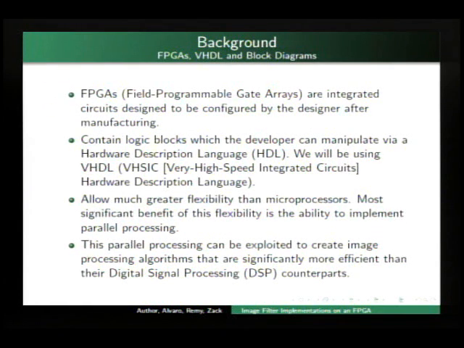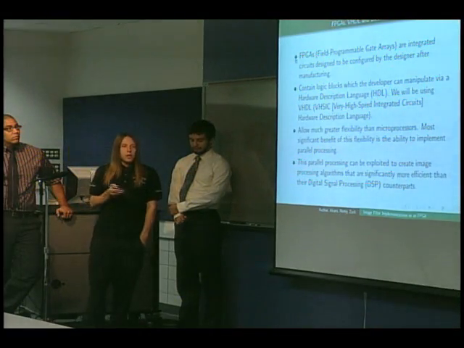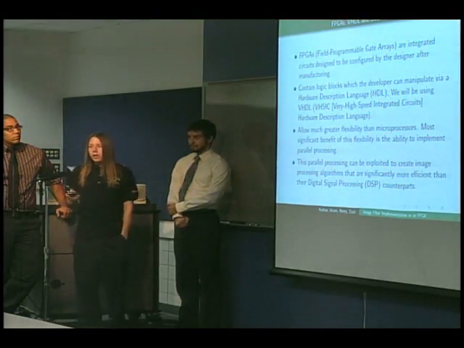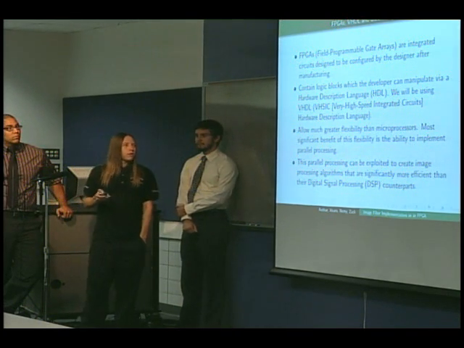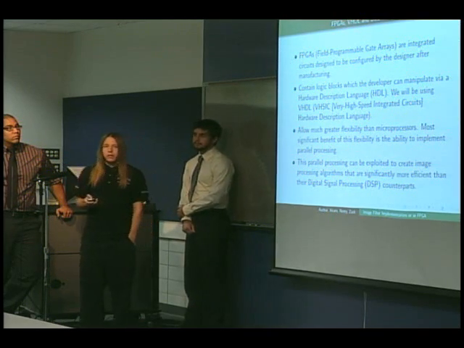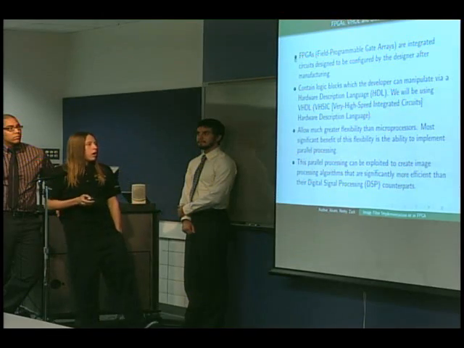Okay, so we're using FPGAs, or field programmable gate arrays, and basically instead of using pre-assigned gates which form functions like multiplication, addition, and all that, you can actually manipulate the gates to create your own functions. And the benefit of that is that you can definitely utilize a lot of parallel computing because you have so much control over the pipelining of the architecture and such.